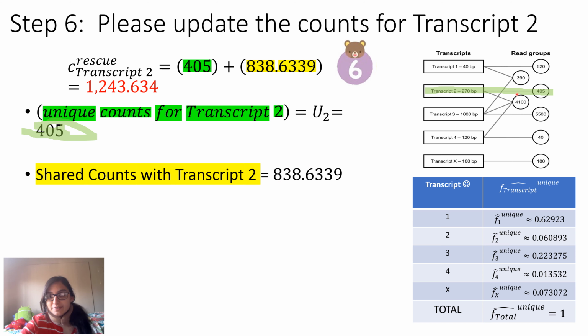A lot more should be going to transcript 3, which we'll find out right now. So we take these values and find that the updated counts for transcript 2 will be 1,243.634. So that is the updated counts for transcript 2.